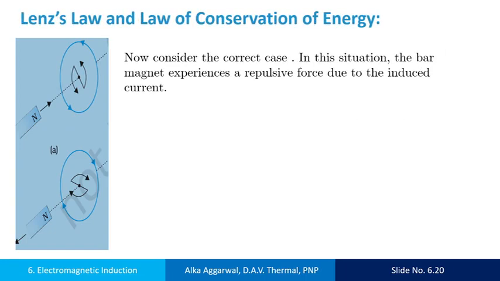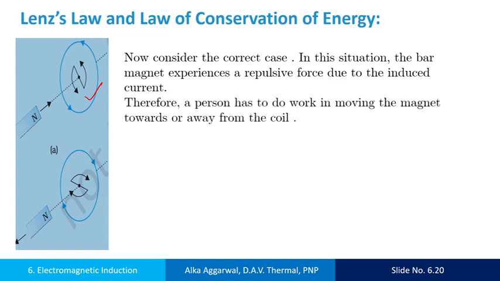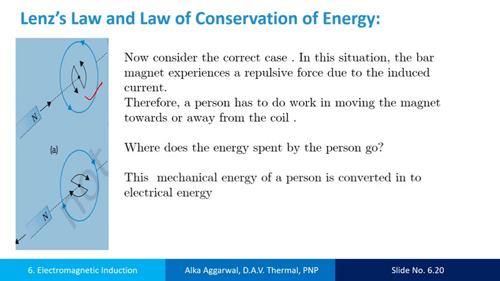Now consider the correct case. When we are taking the north pole of the magnet towards the coil, the north pole is formed. As a result, one has to do work against the force of repulsion in taking the magnet towards the coil, and this work done is converted into electrical energy.